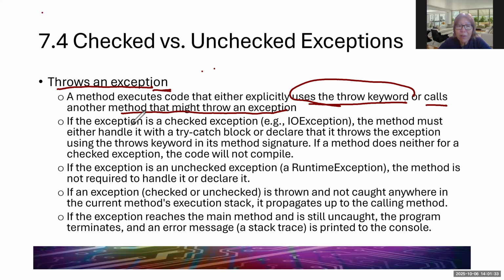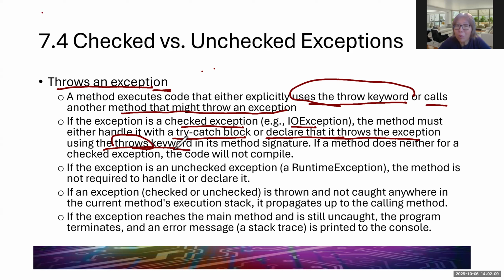If the exception is a checked exception, like the input/output I/O exception, then the method must handle it using a try-catch block, or you declare that it throws the exception using the keyword throws. So the method itself needs to be declared with the throws keyword.